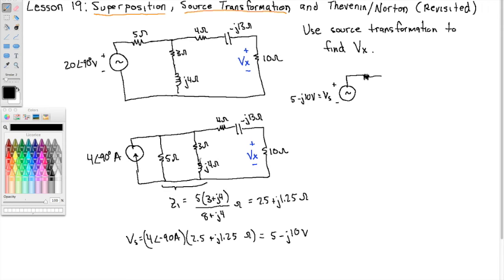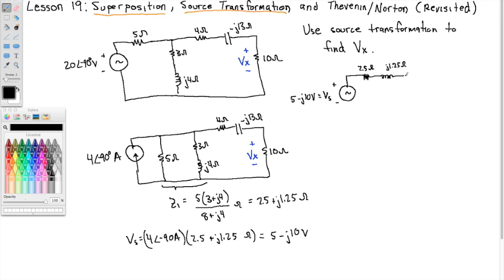Okay, and then remember, we move the Z1 back up in series with that. So Z1 was 2.5 plus j1.25, so the 2.5 is the real part. That's like a resistor, and it's a positive j, so that's an inductor. j1.25 ohms, right?